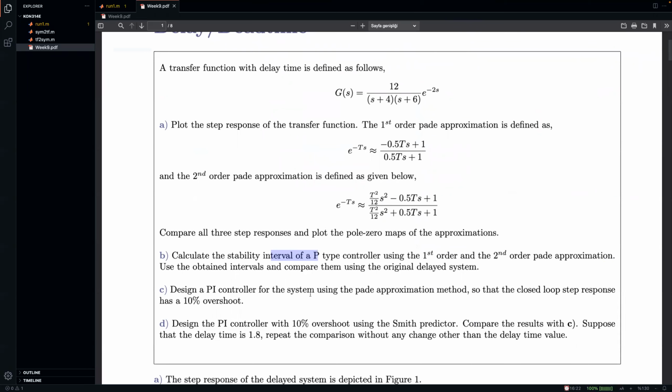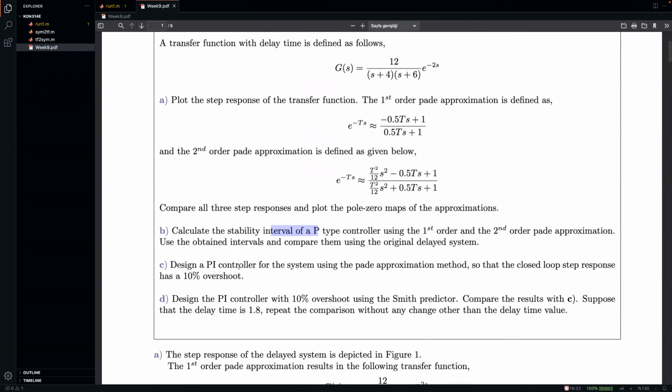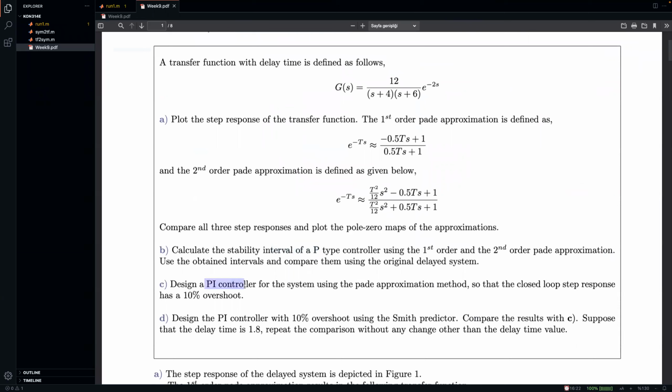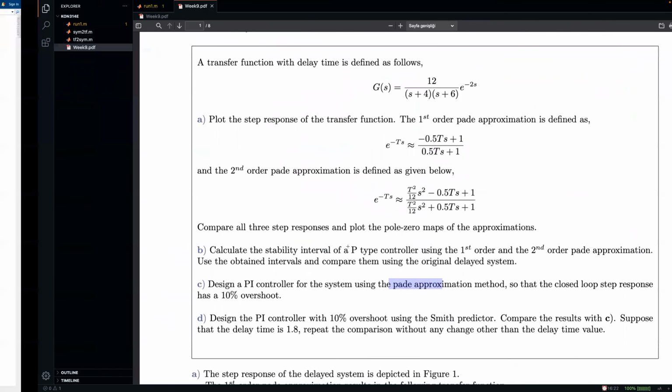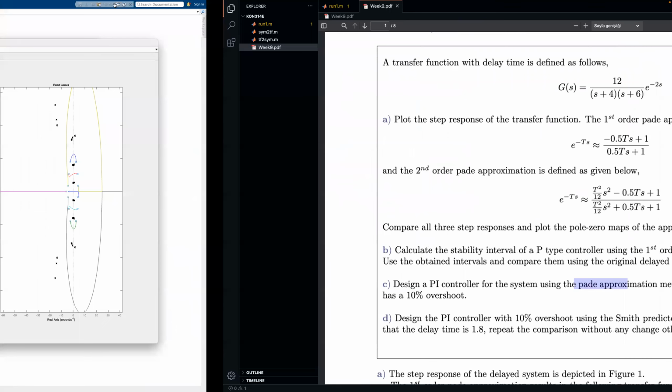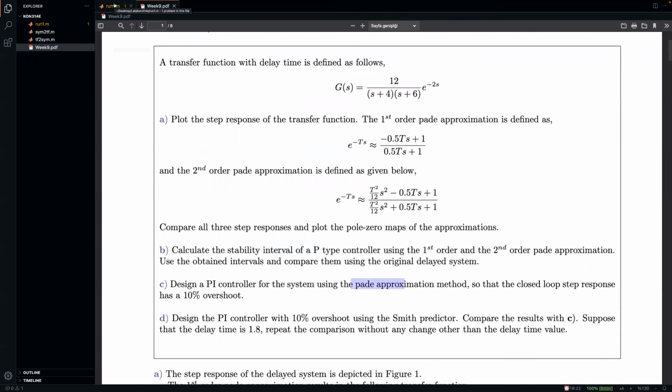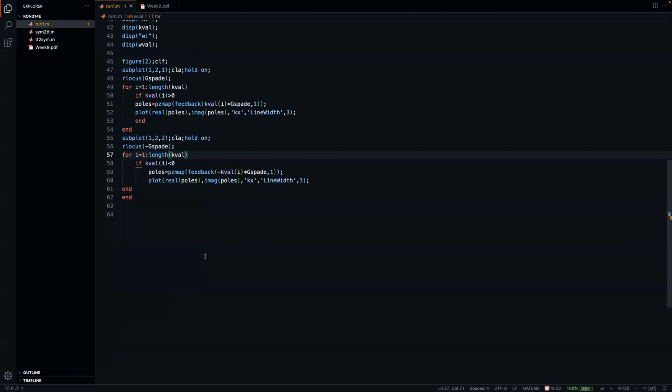So let's design a PI controller, and as you might expect, we will just use the Padé approximation. It is going to be a proper transfer function. At that point, you can just apply any methods of solving that you want to do. So let's design actually a PI controller with 10% overshoot.